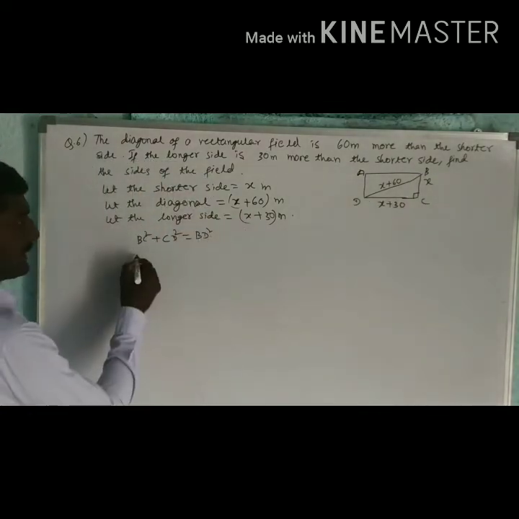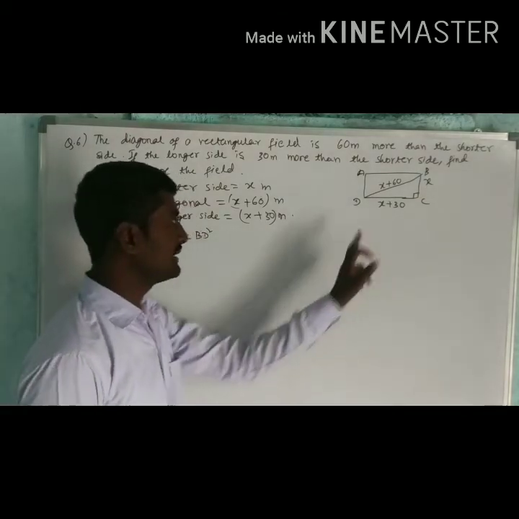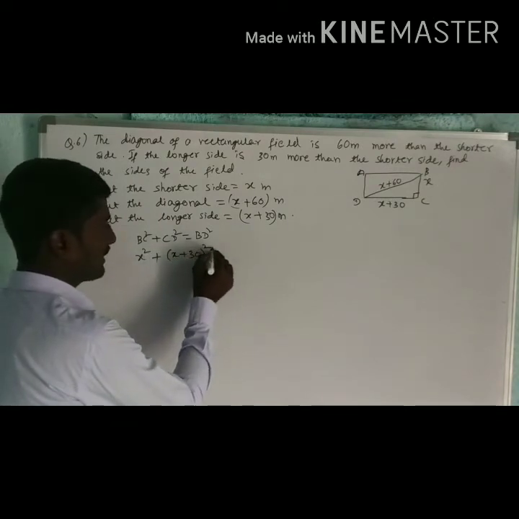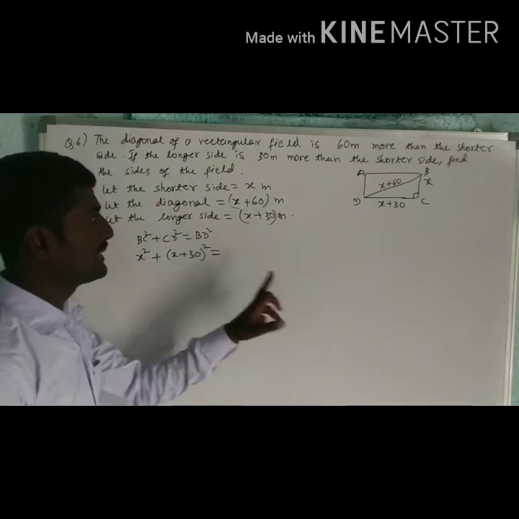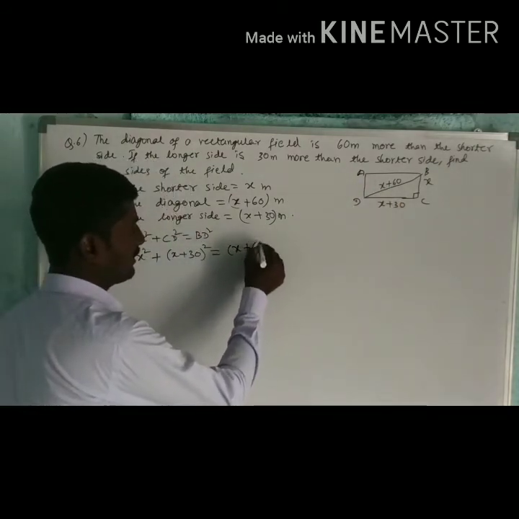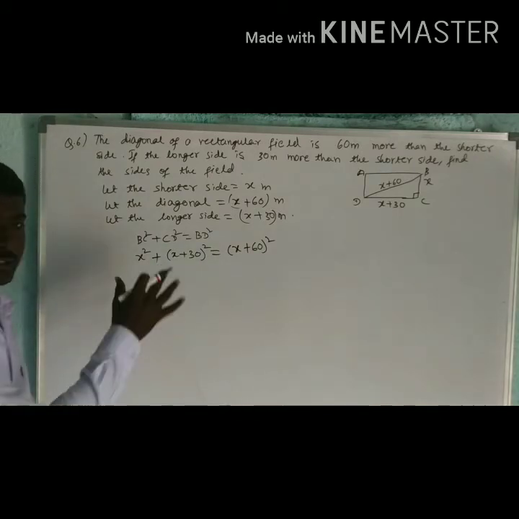Now BC square is x square plus, CD square is nothing but x plus 30 whole square, is equal to BD square. BD square is nothing but x plus 60 whole square. Now here, let us solve this.